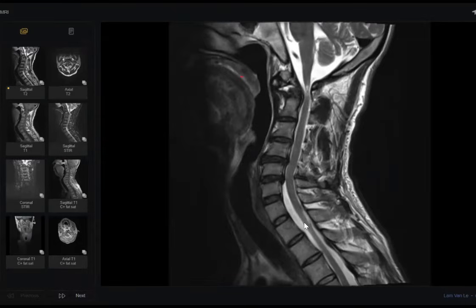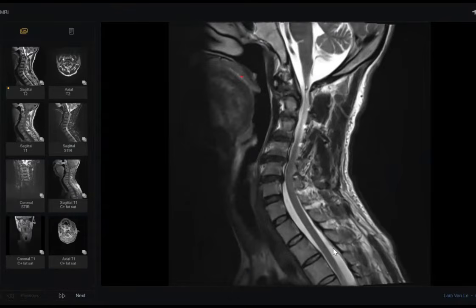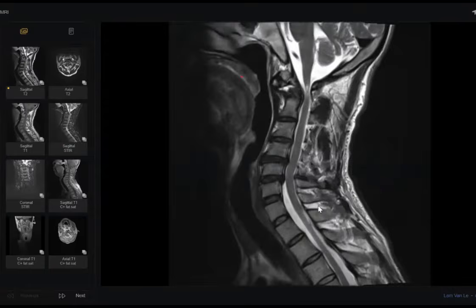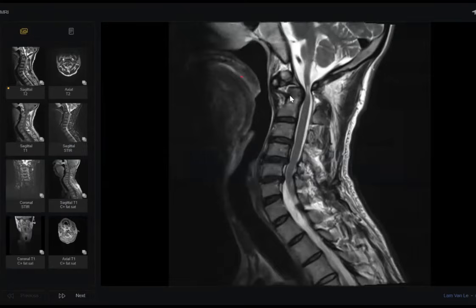As we go down, the spinal canal diameter appears normal in the upper thoracic level. I would like to see these images on axial scan as well, but I believe there is some sort of subluxation at the base of the skull, with atlantoaxial subluxation and increase in the distance.